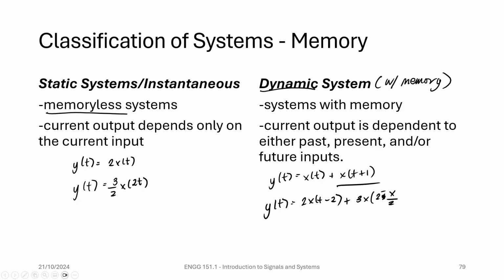Teka, ayusin natin. This should be t. Ayan, so meron tayong dependency on the future and past input. So therefore, this is what we call a dynamic system as well.